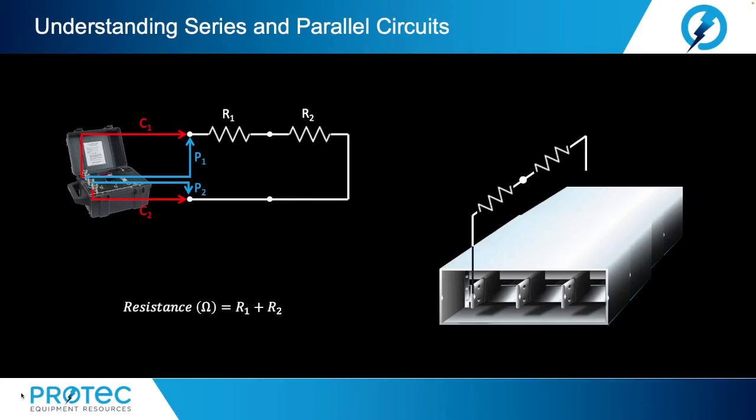But now these 2 resistances would add in series. So our total measurement here would be basically the resistance of bus segment 1 plus the bolted connection and the resistance of section R2, or bus section 2, and so on and so forth as we would add bus sections.